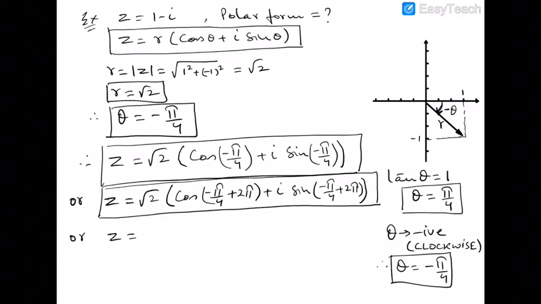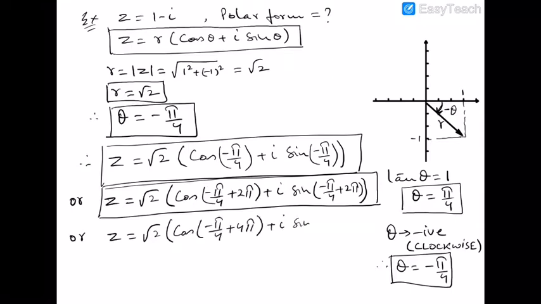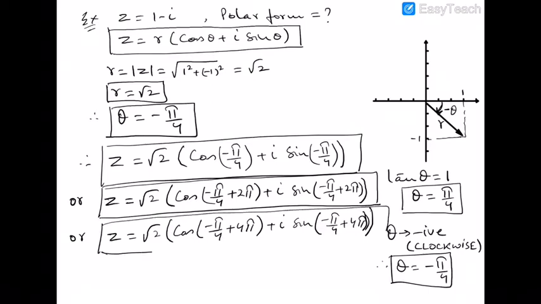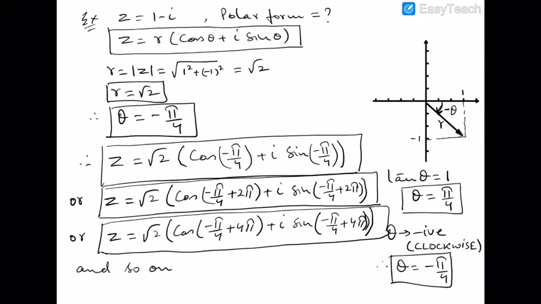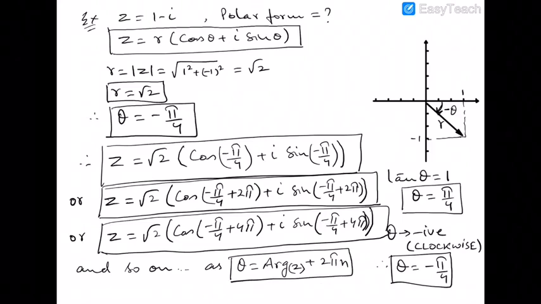Similarly, if we add 4 pi to the theta, again we will reach the same line segment, or we will get the same complex number. So we can go on and on to get an infinite number of polar equations, because our theta is equal to argument of z plus 2 pi n, and the values of all the thetas will be equivalent.